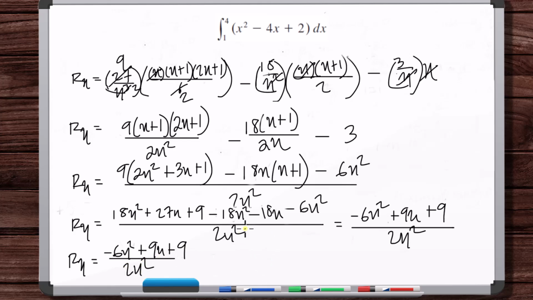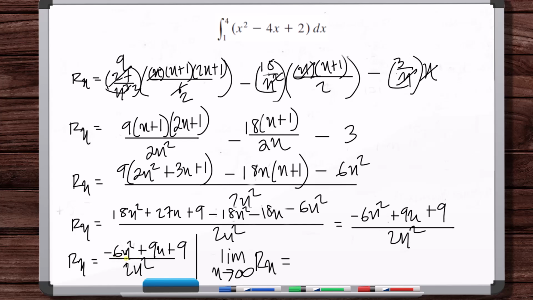Okay, so there we go. That's R sub n. So to evaluate this integral, what do we do? We take the limit as n approaches infinity of R sub n. Well, how do you evaluate this limit? This is a rational expression, and the numerator and denominator have the same order.